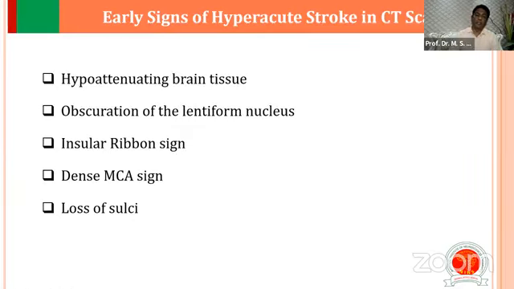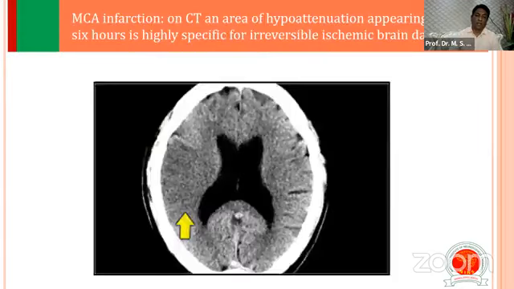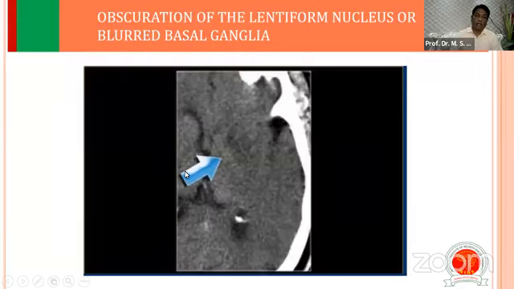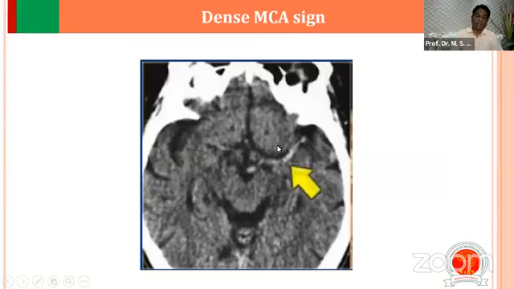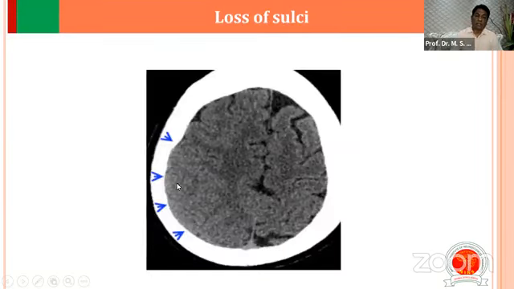Early signs of hyperacute stroke are hypodensity of brain tissue, obscuration of the lentiform nucleus, the insular ribbon sign, the dense MCA sign, and loss of sulci.